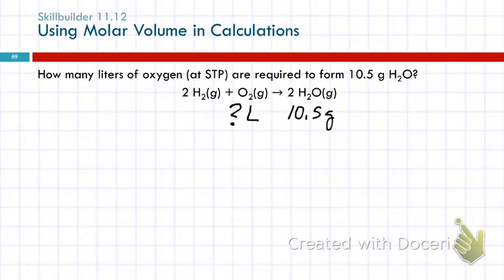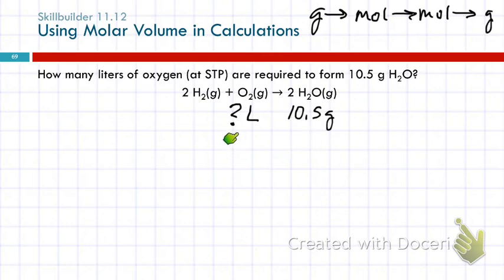So normally we would do grams to moles to grams. Here we're going to start with grams of water. We're going to go to liters of oxygen. So grams to moles to not grams, we're going to liters.